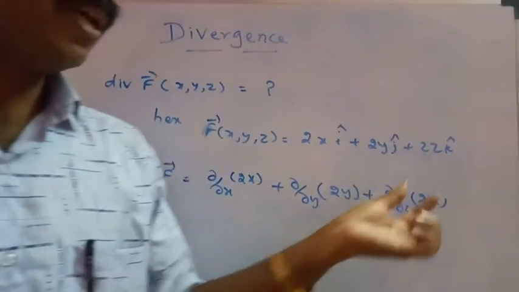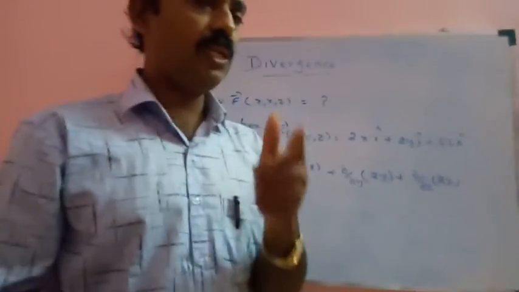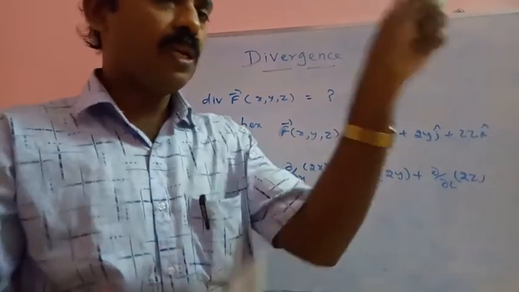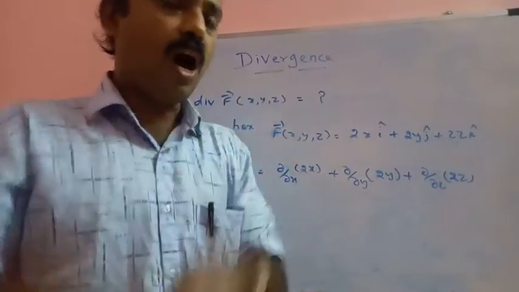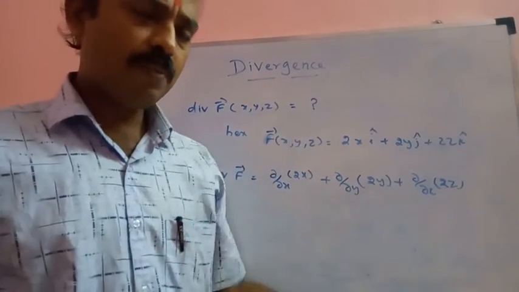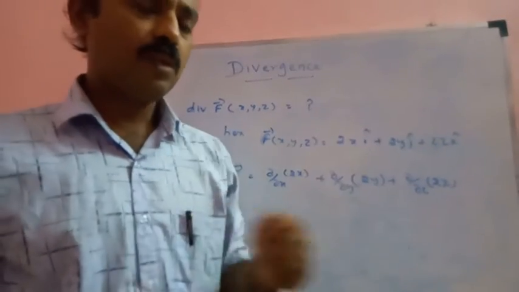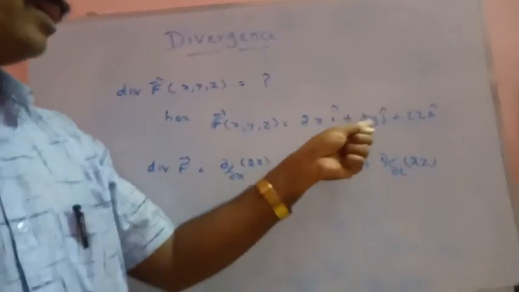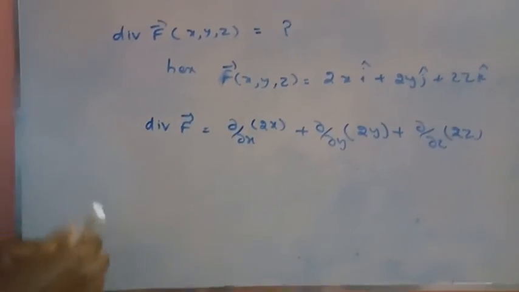The previous theoretical explanation I told clearly: dou by dou x, dou by dou y, dou by dou z, and next p, q, r. So dou by dou x for that function p, dou by dou y for q, and dou by dou z for r. So what about the differentiation?